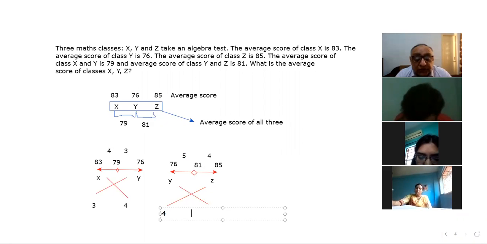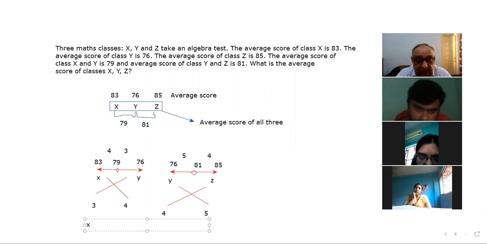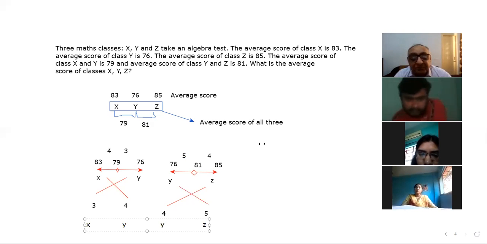So 4:5, right? Okay, so this is X, this is Y, and this is again Y, and this is again Z. So the ratio of X, Y, and Z is 3, 4, 5.